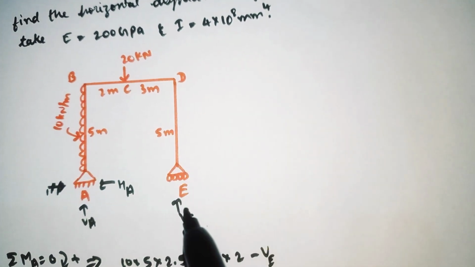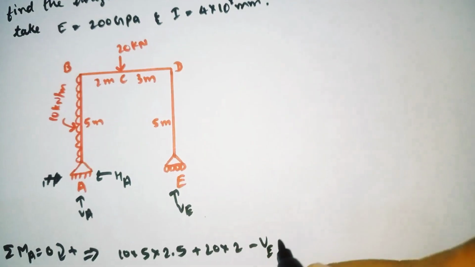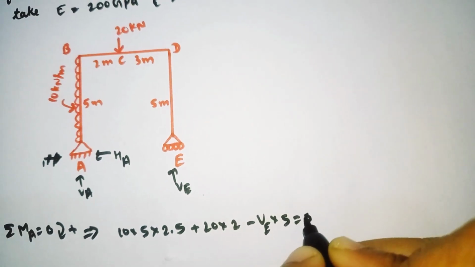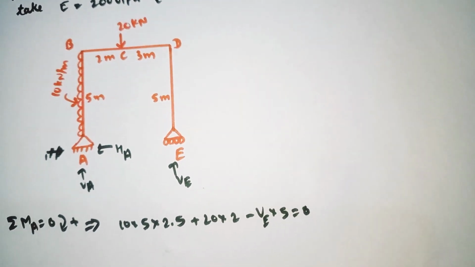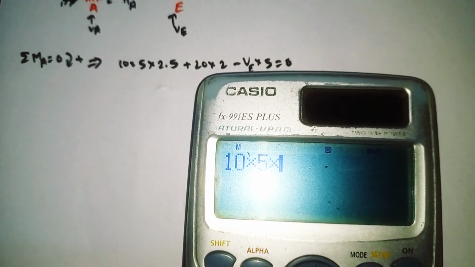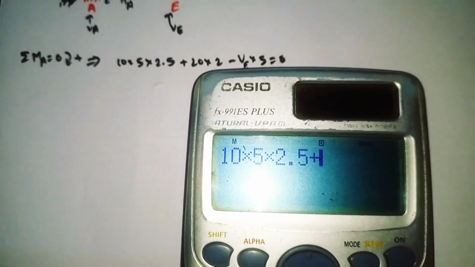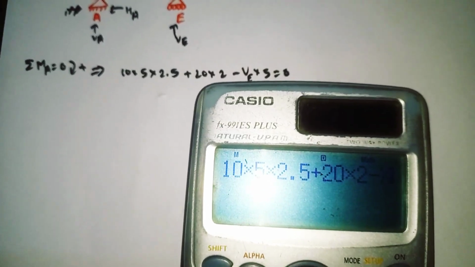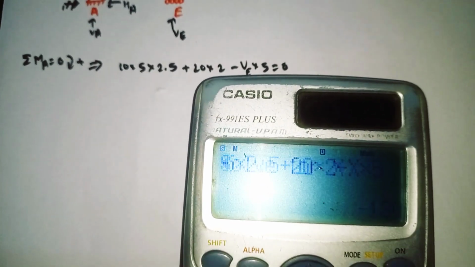So V into 5 is equal to 0. Now solve it: 10 into 5 into 2.5 plus 20 into 2 minus V into 5 is equal to 0.